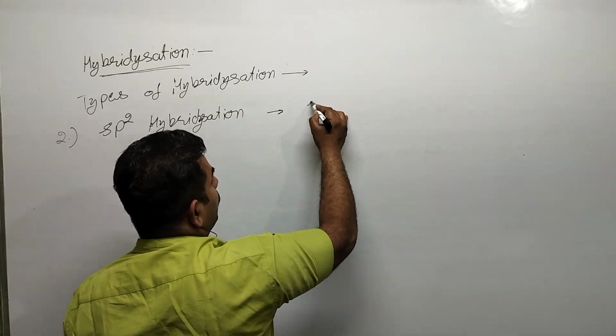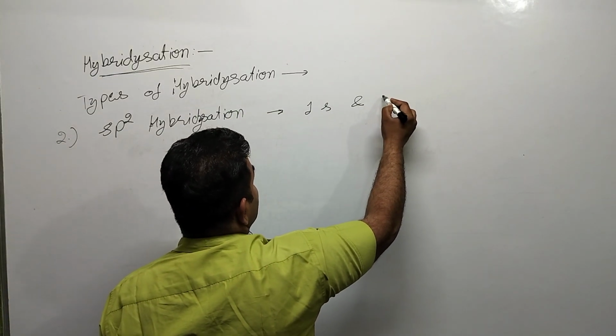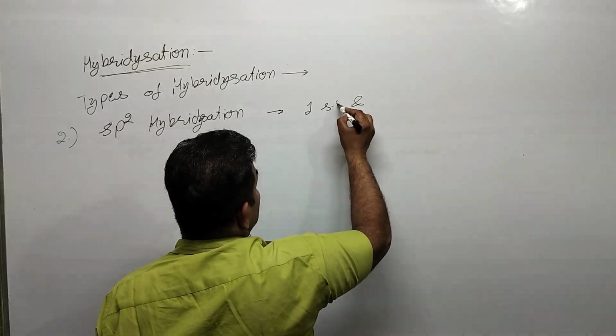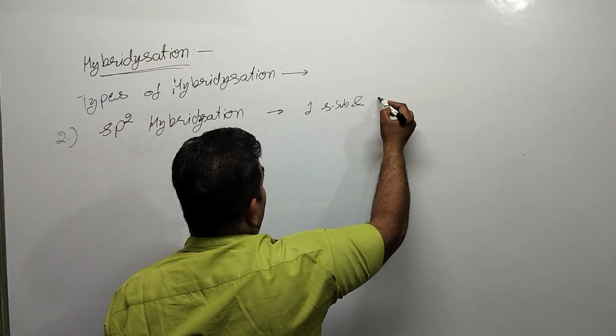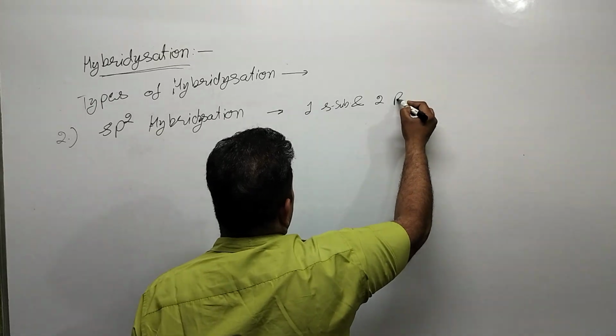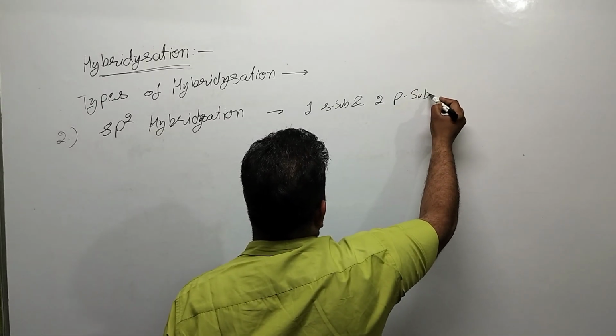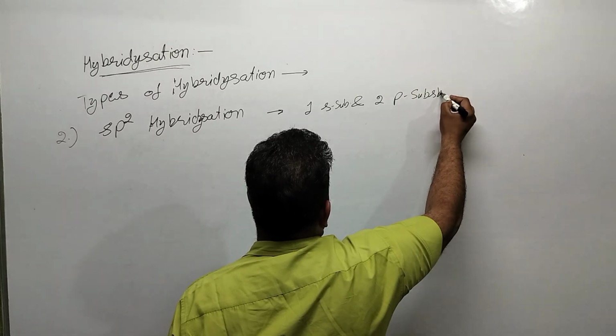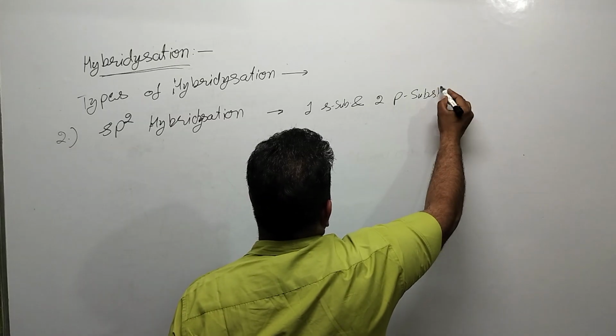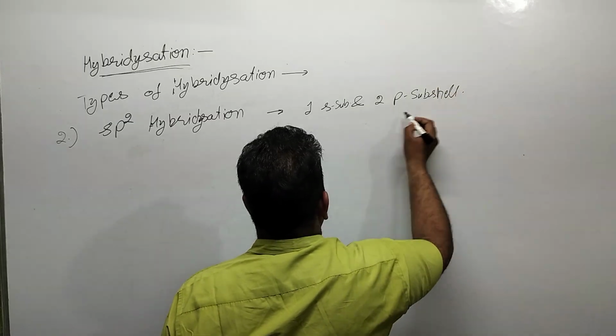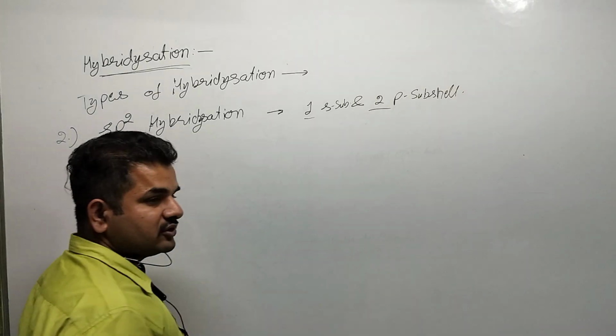In this, one s subshell orbital and two p subshell orbitals participate in hybridization.